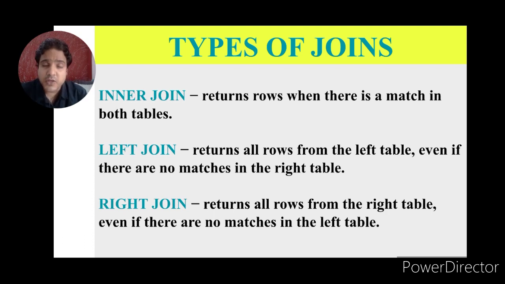If a value in the right table does not match the left table, because all the rows come from the left table, the null value will be placed at that place.